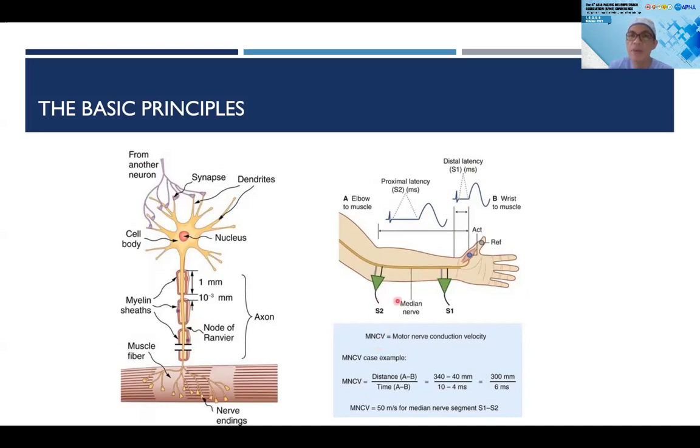There is a normal value for every nerve, and the only thing that we do in the examination is to compare the value of the patient with the normal value.